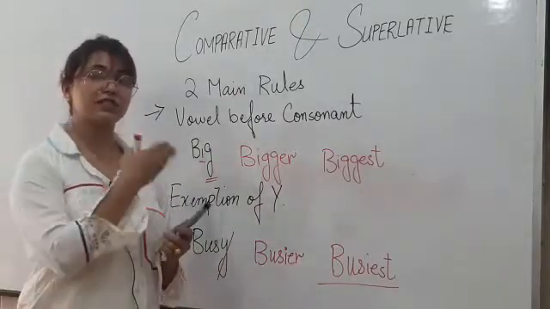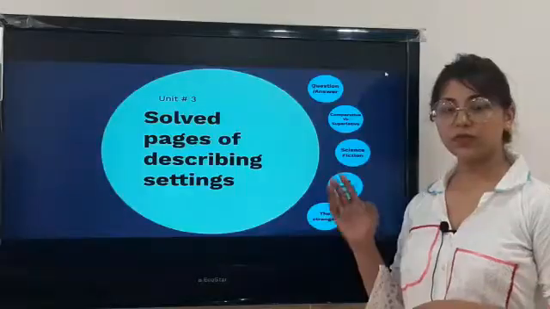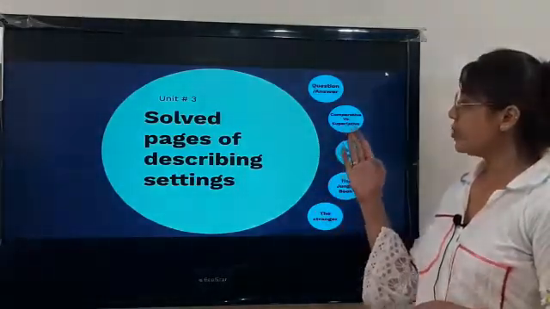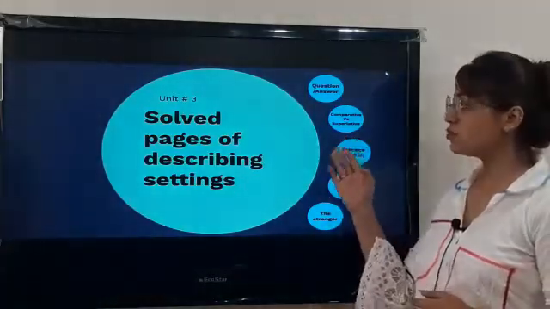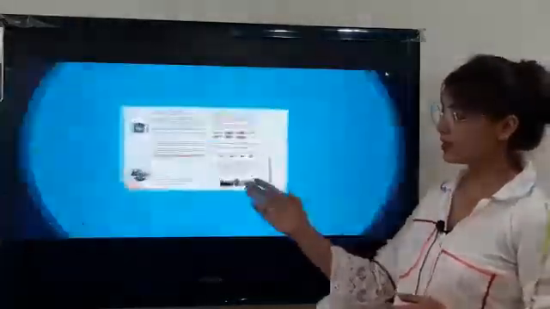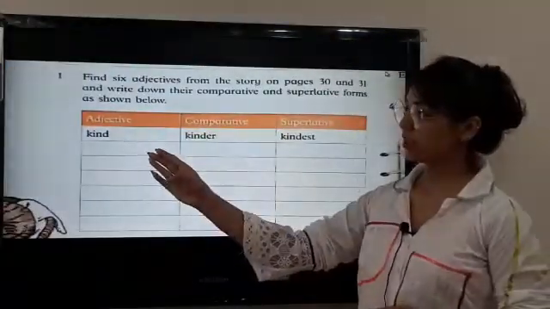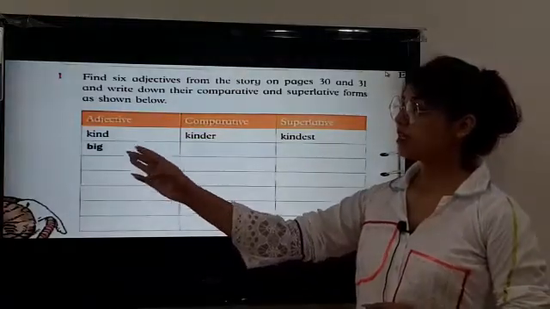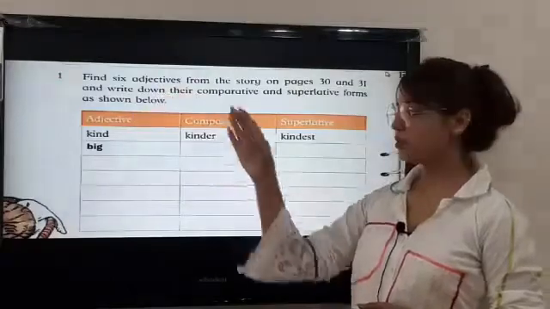So now let's move forward to our book again. Now, as you know the rules of comparative and superlative, let's move forward towards our exercise. On page number 32, this is an exercise for you. The first word is big. This adjective is extracted from your chapter.